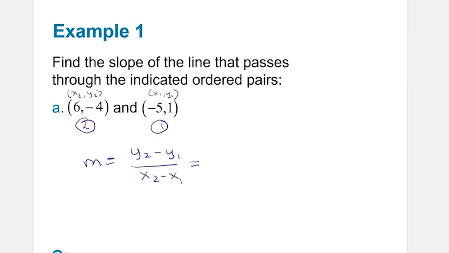So I changed this one to 0.2. So y2 is now -4 minus y1 is 1, divided by x2, which is 6, minus x1, which is -5.